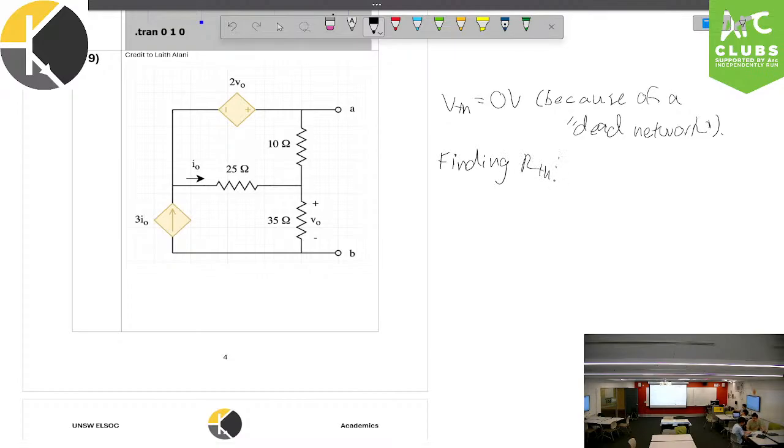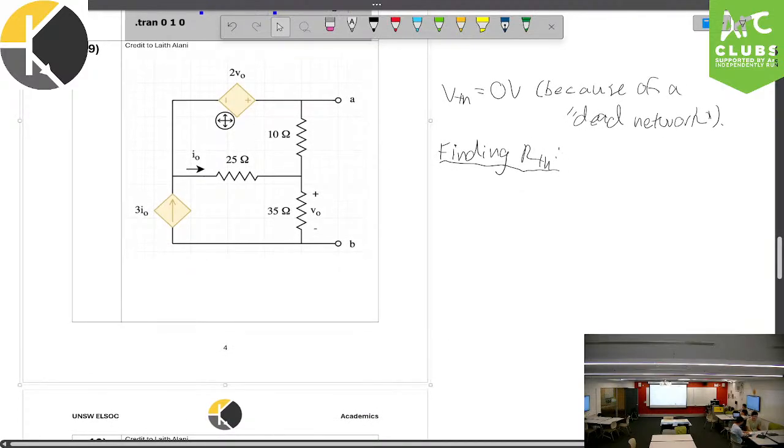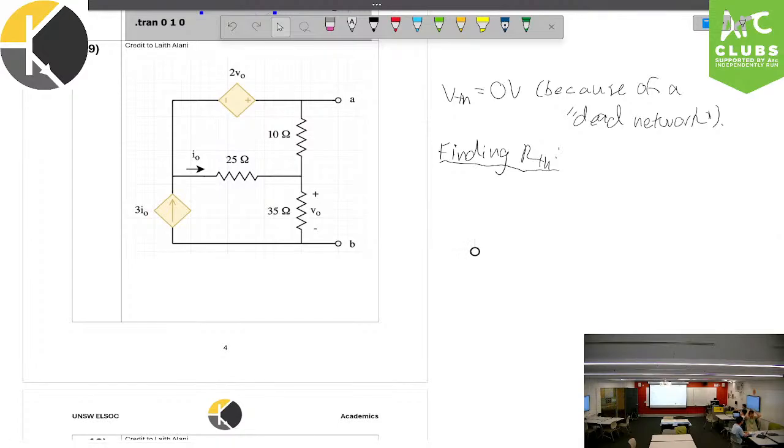Now if we go back to the 3 methods that Otto outlined earlier during this live stream, we can't use method 1 because we don't have any independent sources. We can't use method 2 either because we don't have at least one independent source, because everything here is dependent.